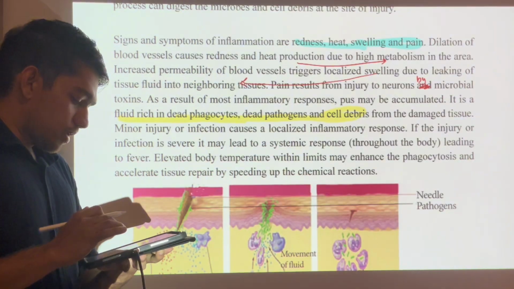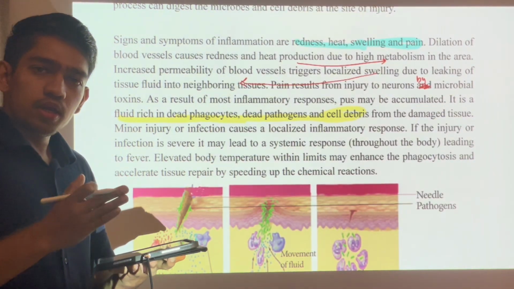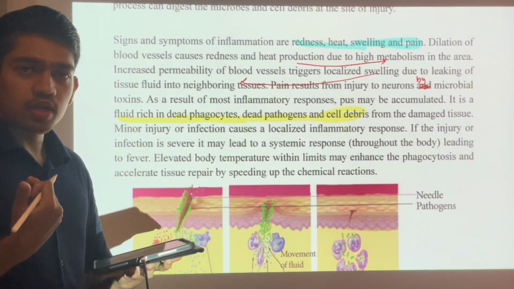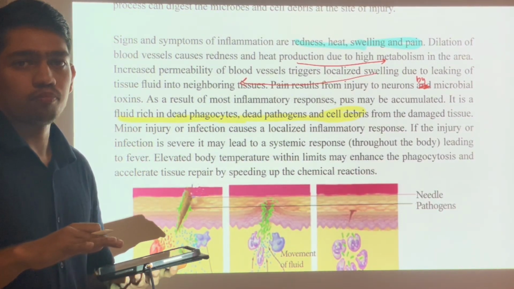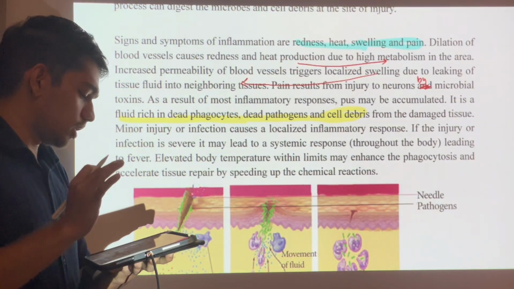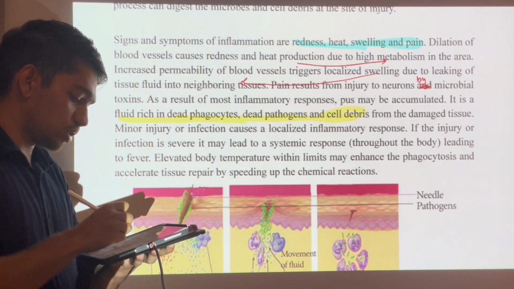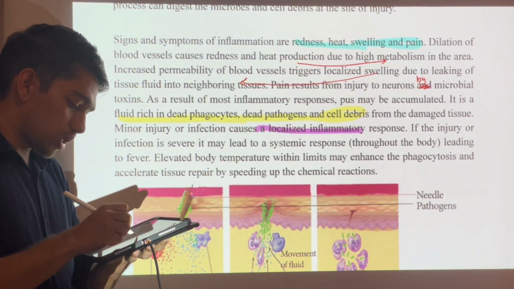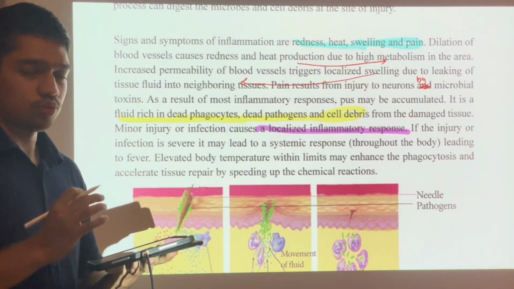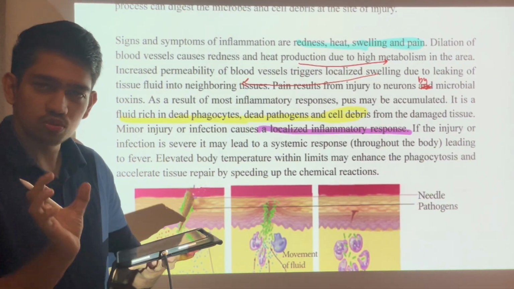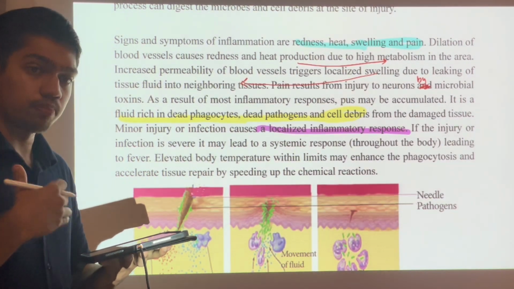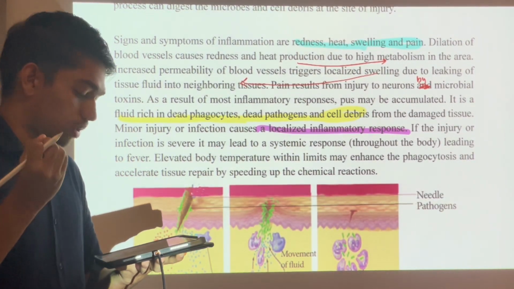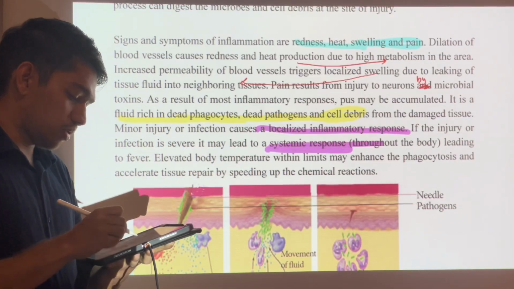Right. And depending on the degree of this enemy that is invading, this inflammatory response can be a big one or a small one, right? If it's a minor injury or a minor inflammation, it's going to cause a localized inflammatory response, limited to a small area. But if the invading pathogen is a very powerful one, it's going to cause a systemic response.